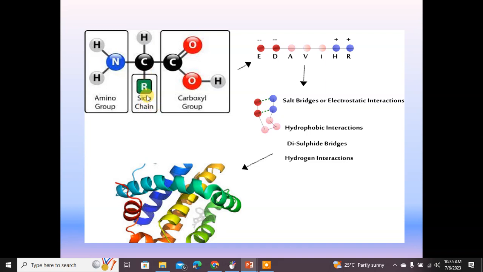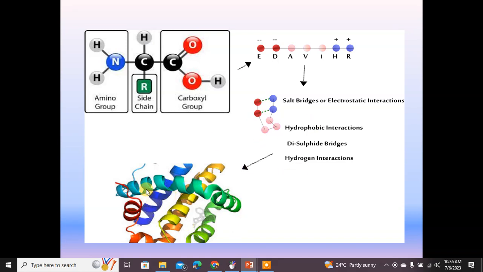The third is the presence of disulfide bridges or not, and finally the hydrogen bonds, both intra and intermolecular hydrogen bonds. At the end of the day, we get a tertiary structure or quaternary structure for some proteins, because not all proteins contain the quaternary structure. That is also another issue. We may cover it in some other videos.